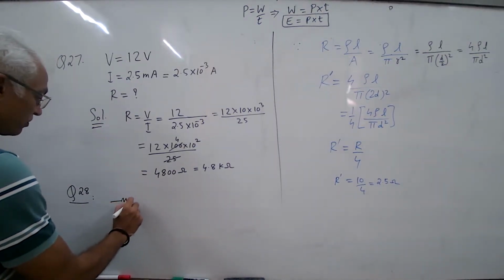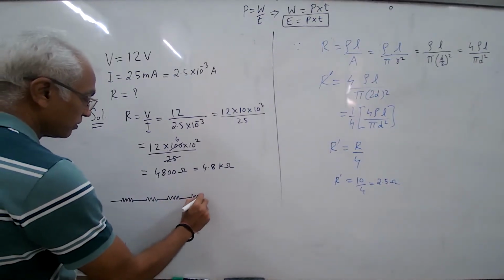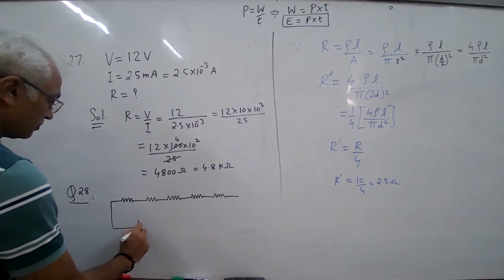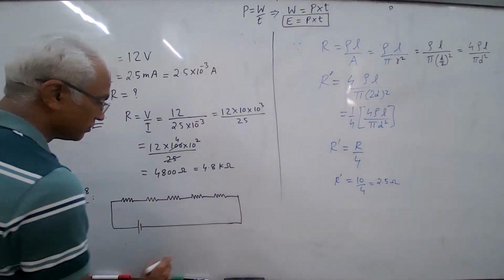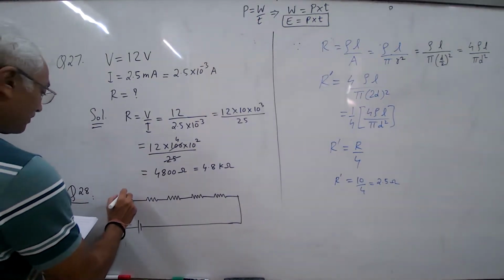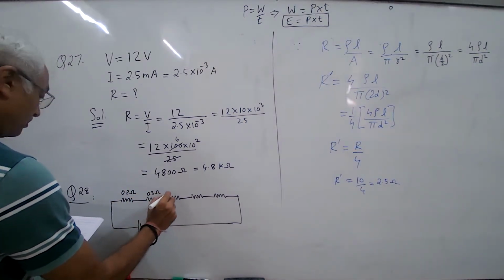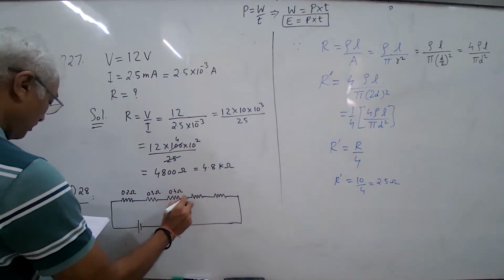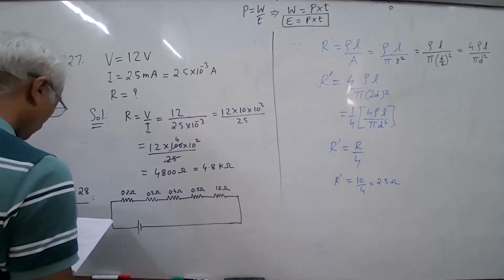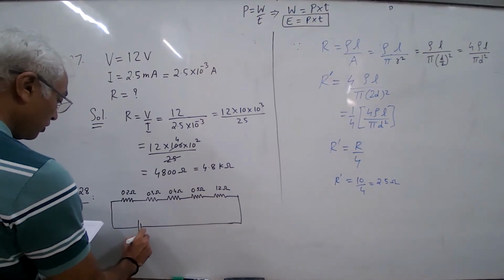You have 5 resistors, and this is given as 9 volt.